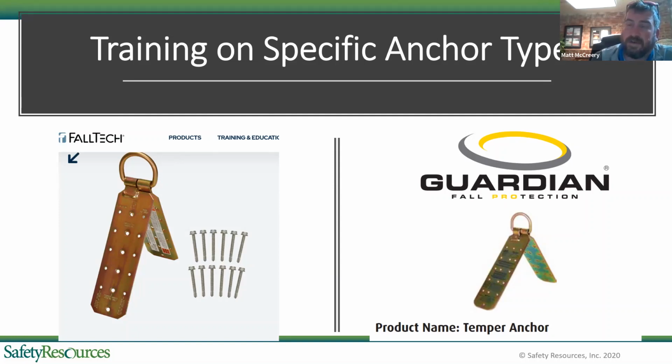But making sure that your crew members know, be consistent. Honestly, ideally, everybody has either Guardian or Faltech, or whichever one you're using. If they're consistent throughout your crews, then as a best practice, I would definitely say stay consistent. Make sure that each of your crew has the manufacturer's instructions, and make sure that your competent person understands, hey, listen, these need to be installed correctly.